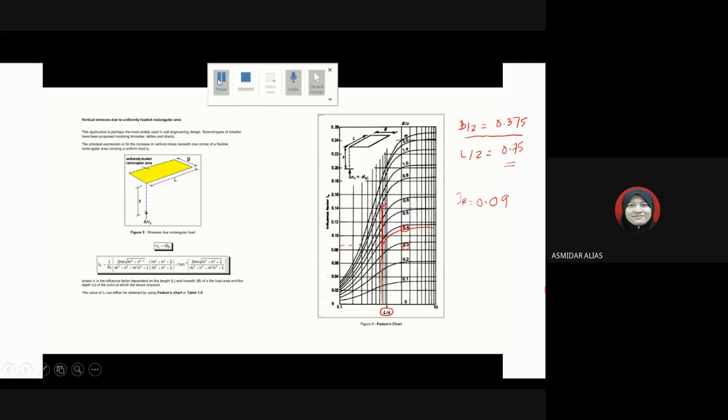But anyway, kita tak ada choice. Kalau diminta untuk menjawab gunakan Fathom chart, you need to answer using Fathom chart and you need to show all the lines yang diperlukan lah. Maksudnya jangan terus bagi jawapan, you kena show garisan mana L over Z, garisan mana B over Z, show it in your chart and then you read for influence factor.